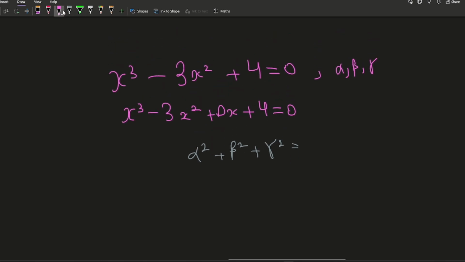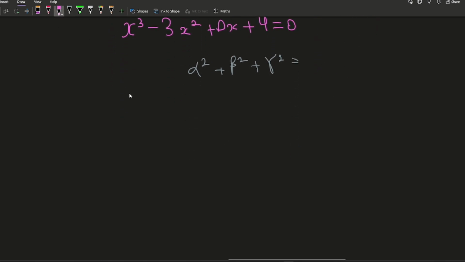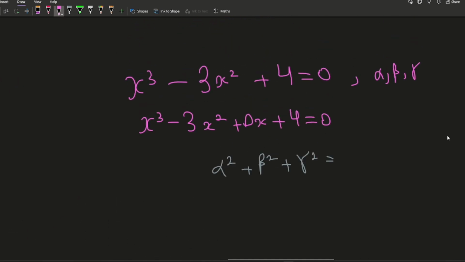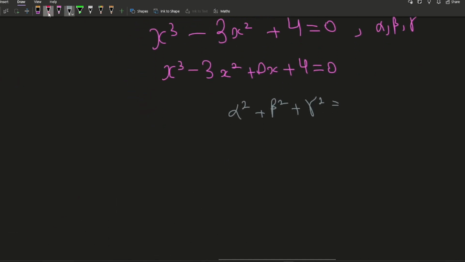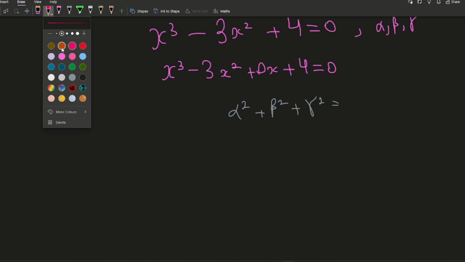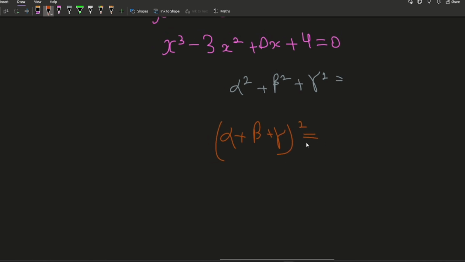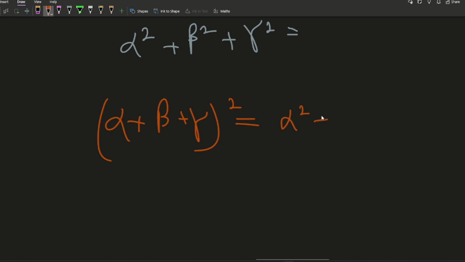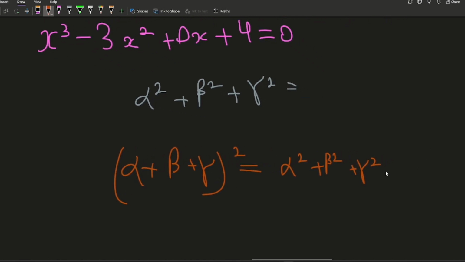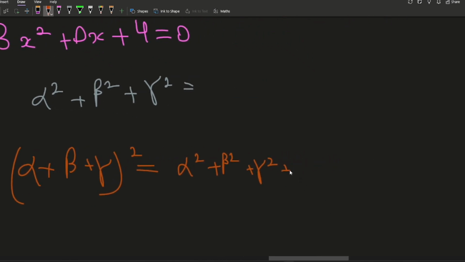So if we were to square the sum of roots, alpha plus beta plus gamma, we will end up with alpha square plus beta square plus gamma square plus 2 alpha beta plus 2 beta gamma plus 2 alpha gamma.